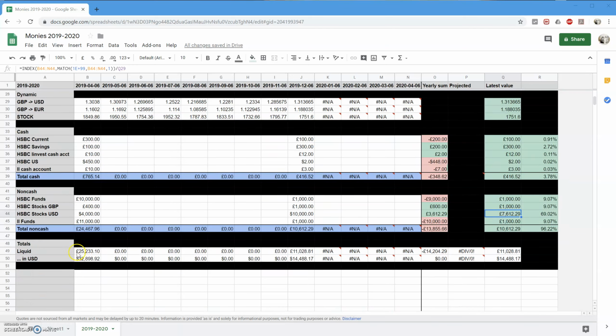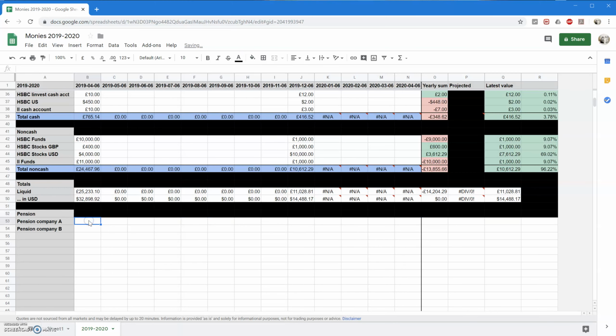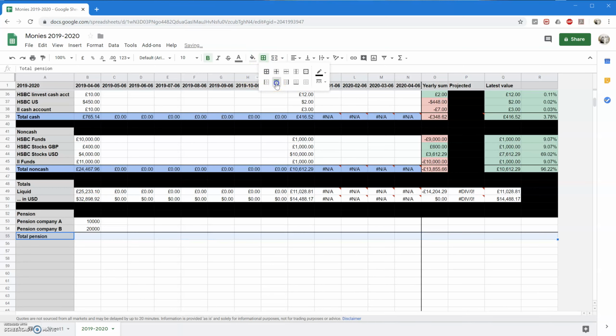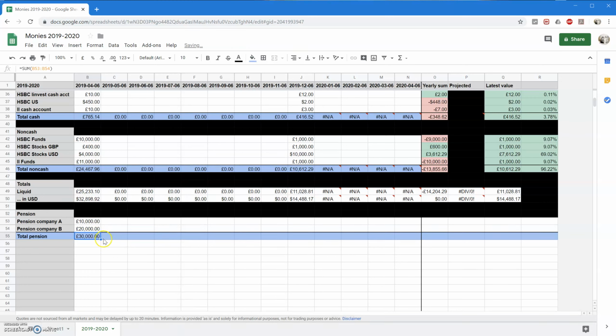Next up, pensions and transfers. If you have pension in another country, then just convert the currency the same way we did for non-cash.